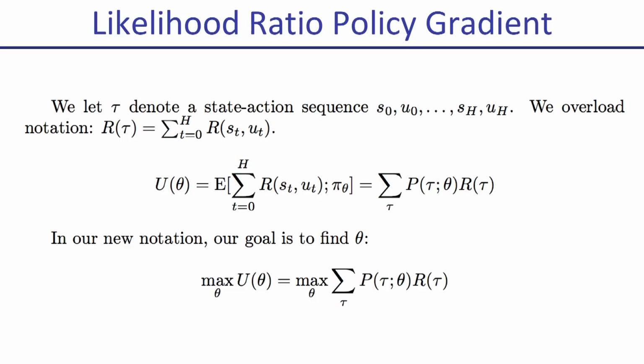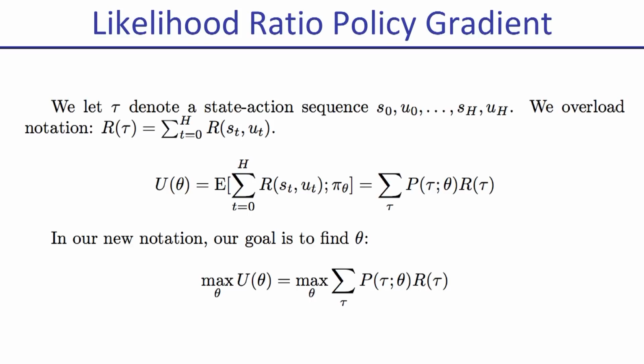And the utility of a policy with parameter vector theta is the expected sum of rewards, and we can write this as sum over all possible trajectories, probability of that trajectory under the policy times the reward associated with that trajectory. So in this new notation, which we're using for compactness, we're losing some structure, but we get more compactness, easier to think about this. We maximize utility as a function of policy parameter vector theta, and that means that we're maximizing this expectation here.